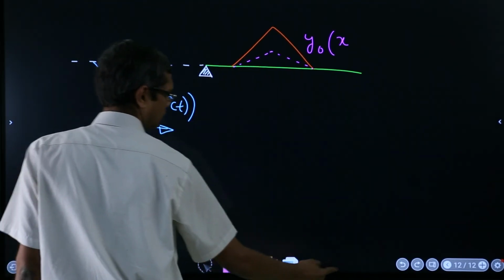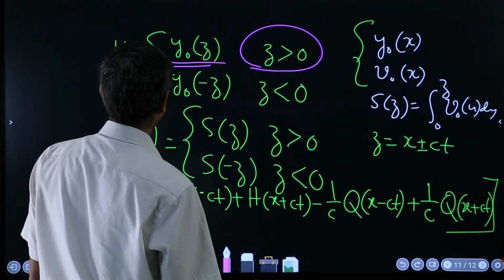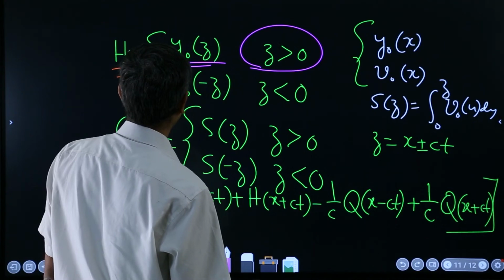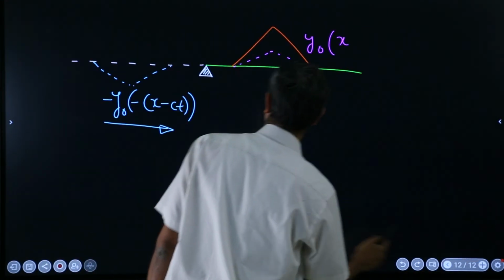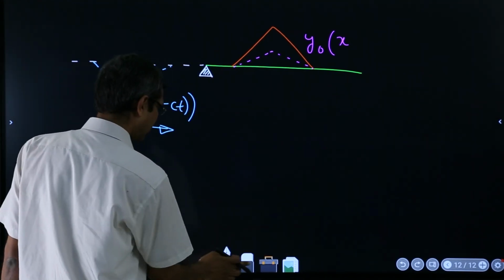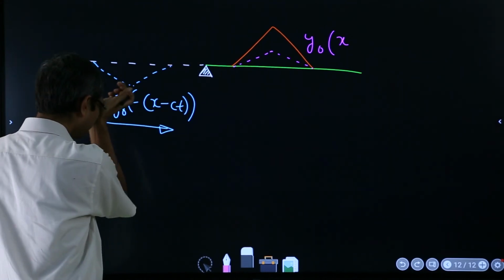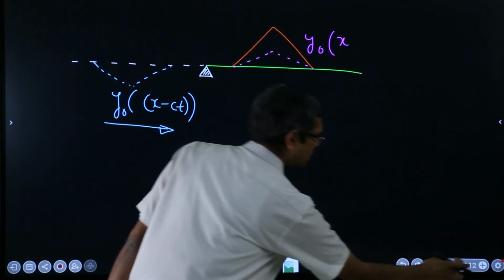Okay, I'll have to change this because this is this part, x minus ct.